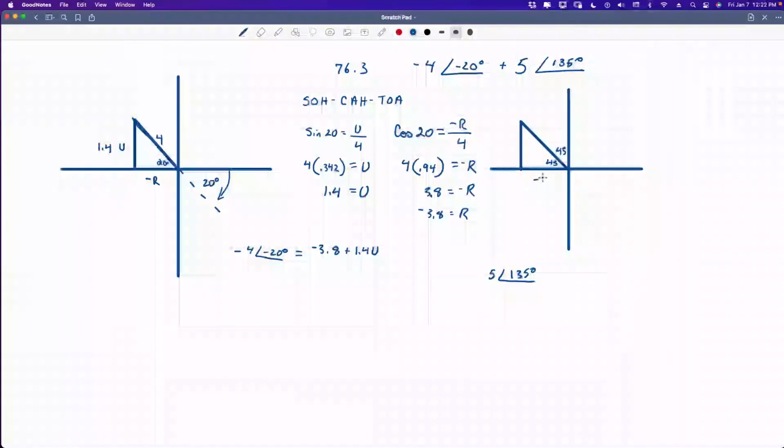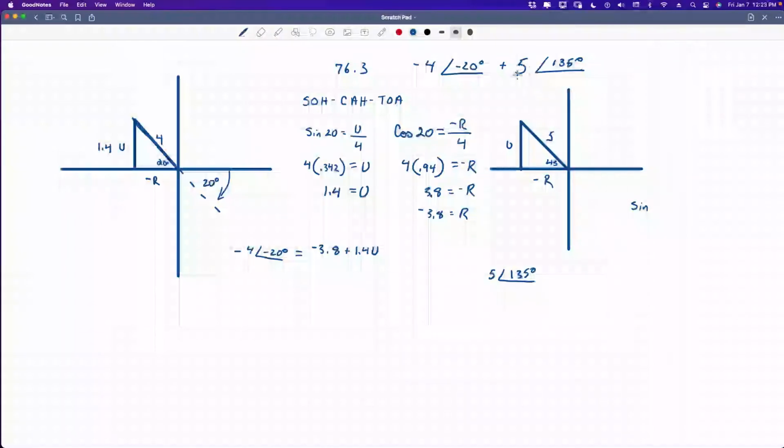So this is still negative r, right? And this is still positive u. Okay, so we do the same thing we did. We do sine and cosine, only this time we have 45. This right here, we need to have the hypotenuse written in, so this is 5.